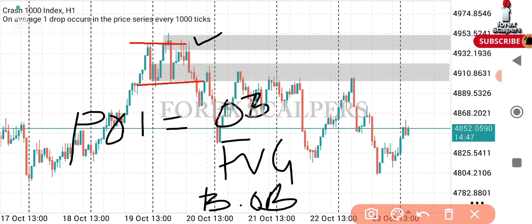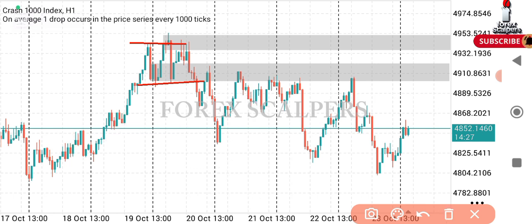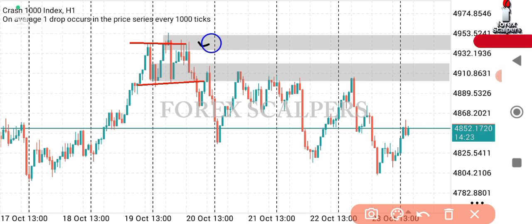It can be a smart money cube. So it can be any of these. So either an order block, a fair value gap, a breakers order block, or a smart money cube. So any of these four will be my point of interest. So in this scenario, I have an order block. I don't have a fair value gap.